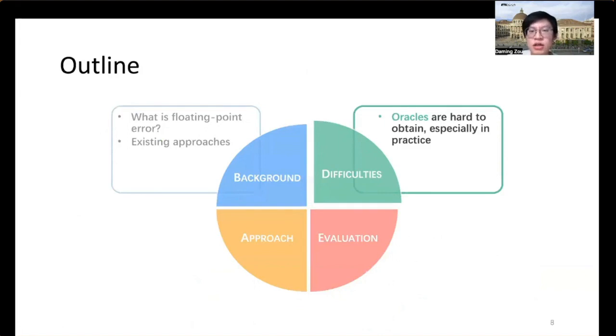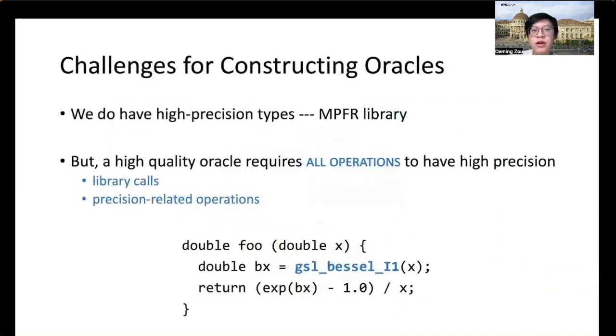In this section, we will discuss why oracles are generally hard to obtain in practice. To obtain oracles for numerical programs, an intuitive idea is to replace all floating point types for higher precision, for example, from double to long double or even higher. At this level, replacing types is not hard, and we do have MPFR library that provides high precision types.